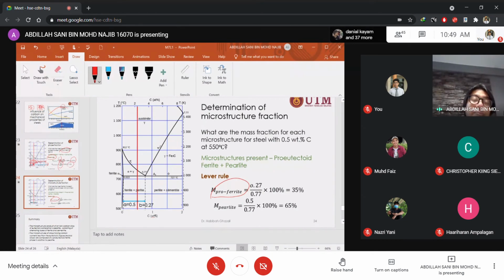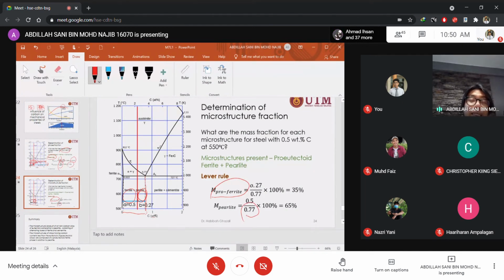Instead of looking at the carbide, the iron carbide or the cementite, we take it here, because this is the eutectoid point. This whole amount is the length, 0.77. From here to here is 0.77.